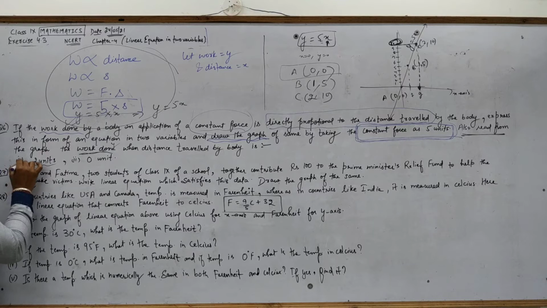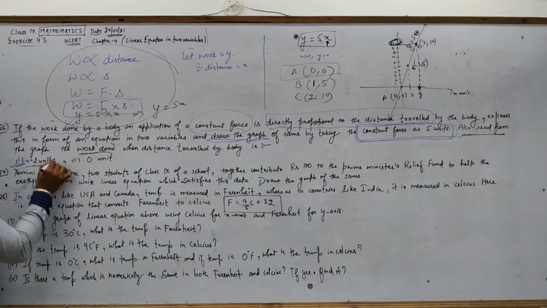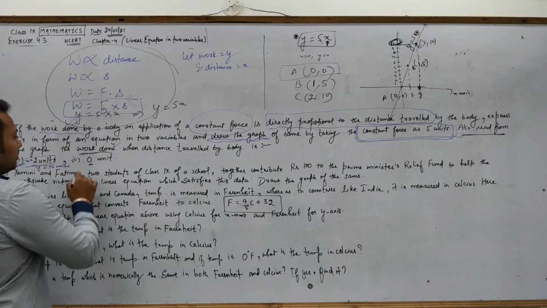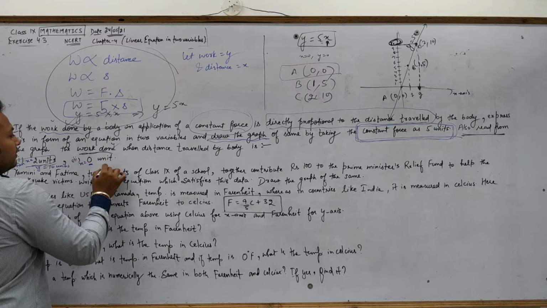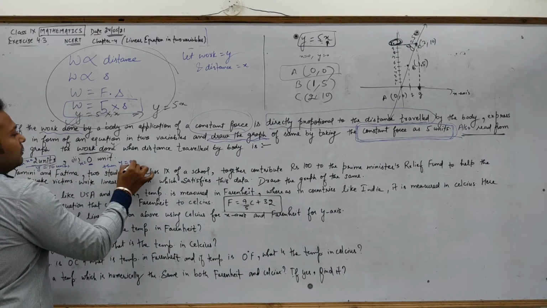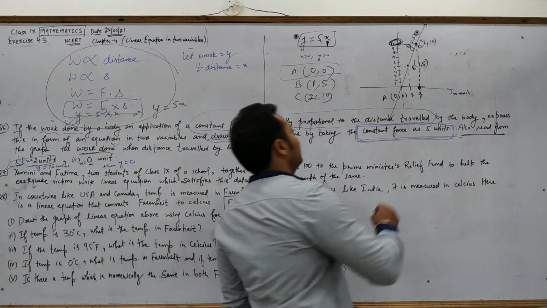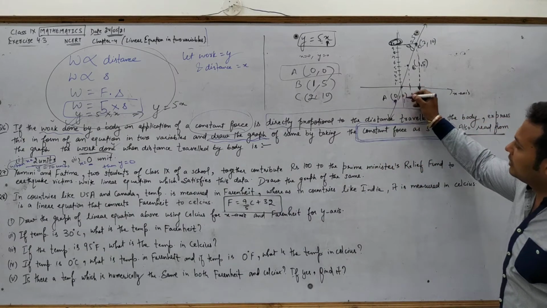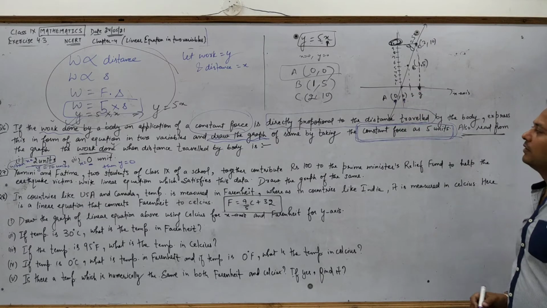When x equals 2, then y equals 10, that is work done is 10. And when x equals 0, then y would be 0, that is our origin.